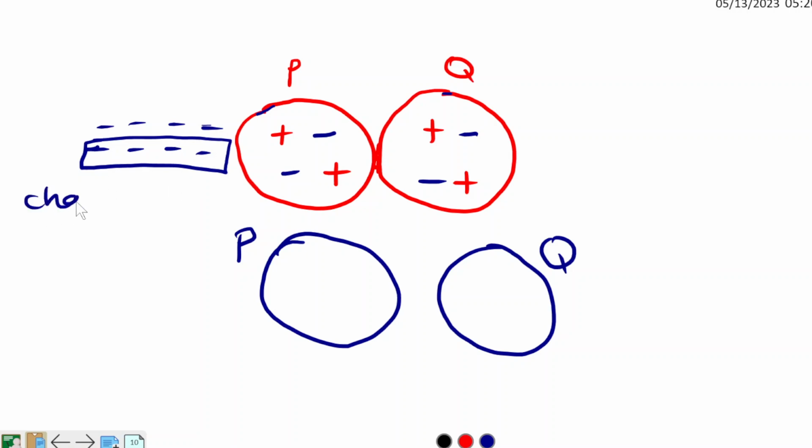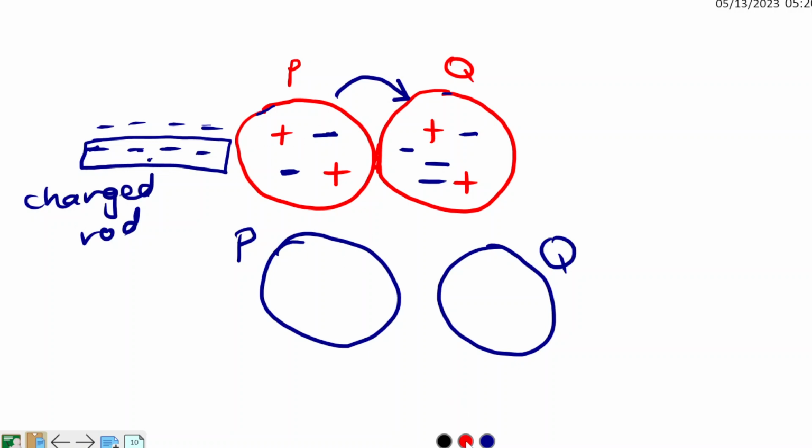So this charged rod that is brought near sphere P, the negative charges on the rod will repel the negative charges on sphere P. And those electrons would be moved to sphere Q because they are repelled from P by the negatively charged rod.